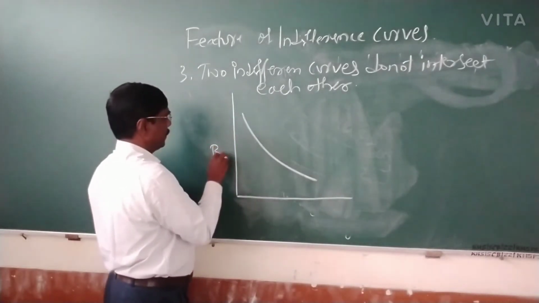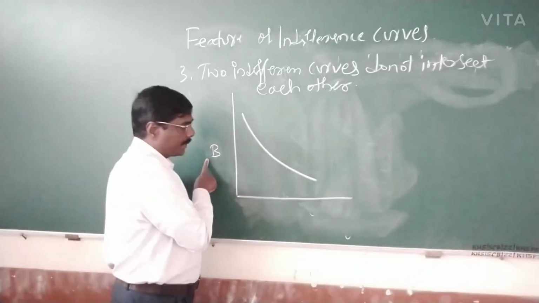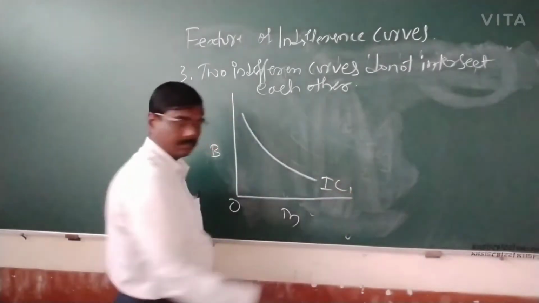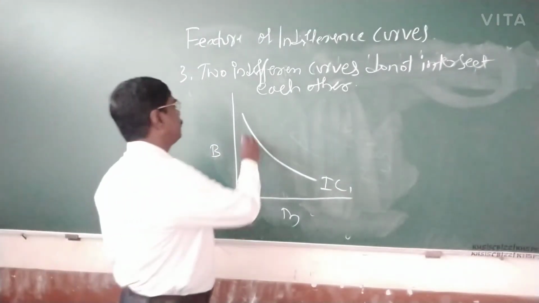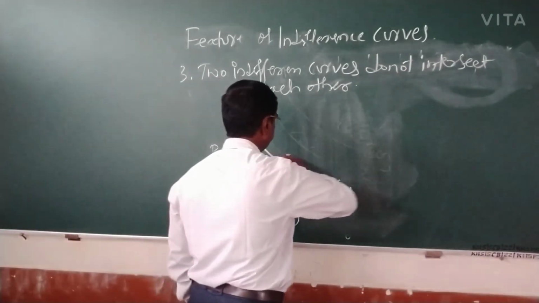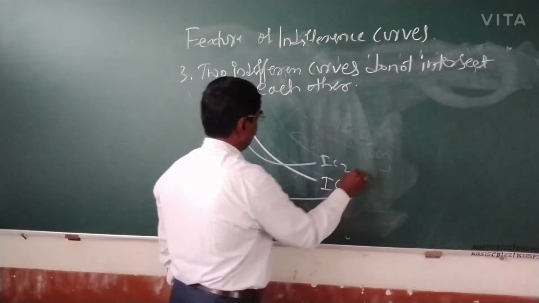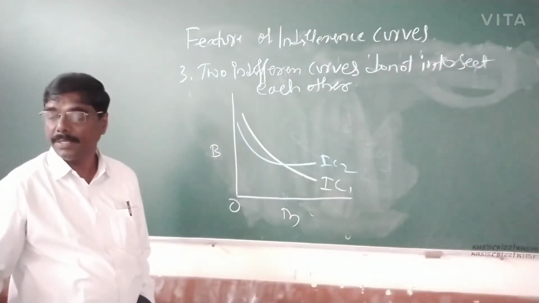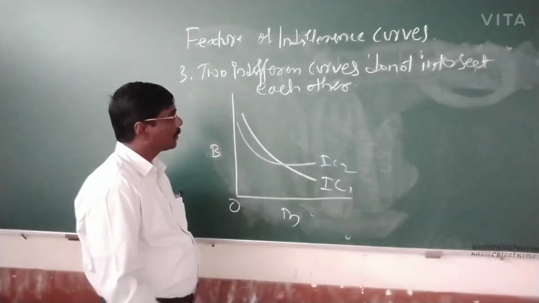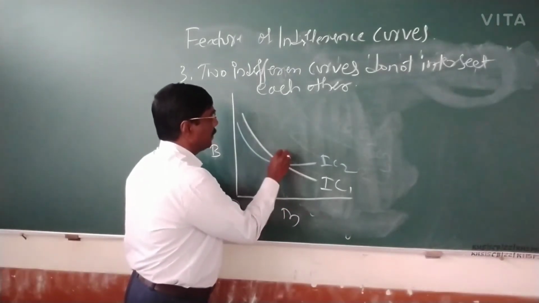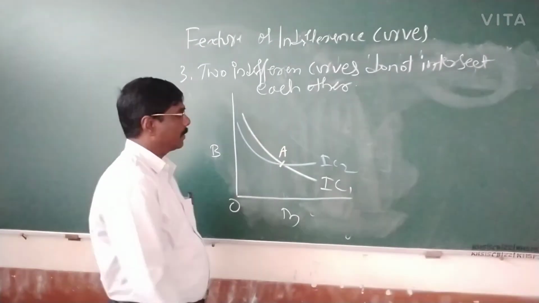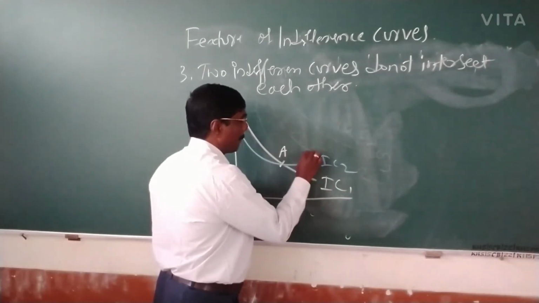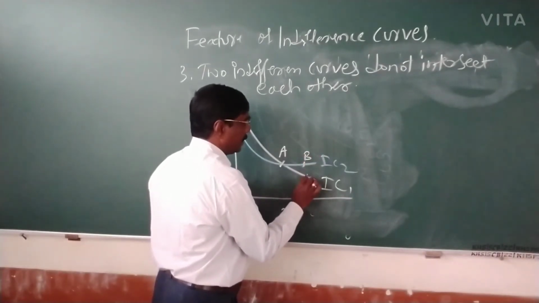We measure banana along this axis and mango along this axis. It is IC1 and IC2, which do not intersect each other. So here is the A combination, then we have the B combination here, and here is the C combination.